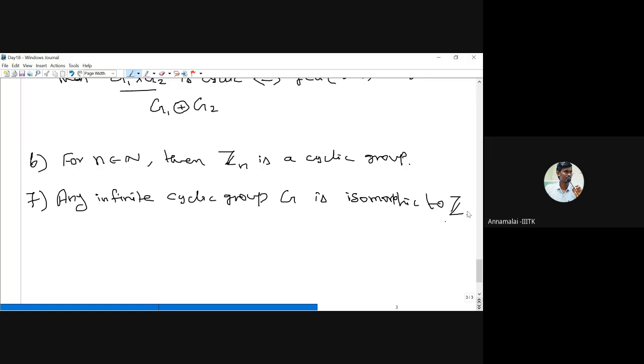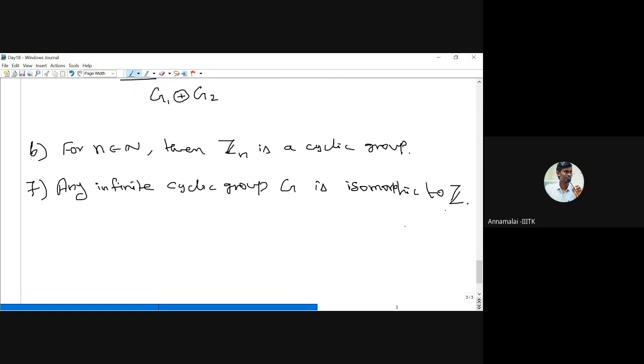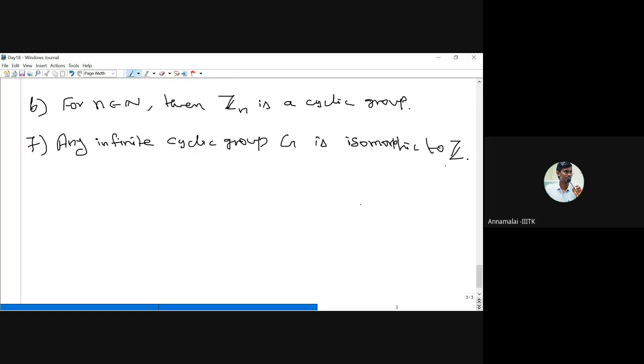That means isomorphism preserves all the properties. We know about Z: Z is a cyclic group, Z is an abelian group, and Z has only two generators, 1 and -1. Only 0 has finite order, and all other elements have infinite order. So we know all about this Z. Therefore, we can easily state the properties of G if it is a cyclic group. That's a very powerful result, the power of isomorphism.